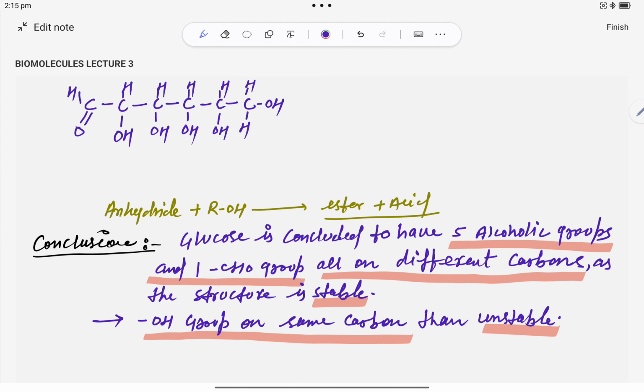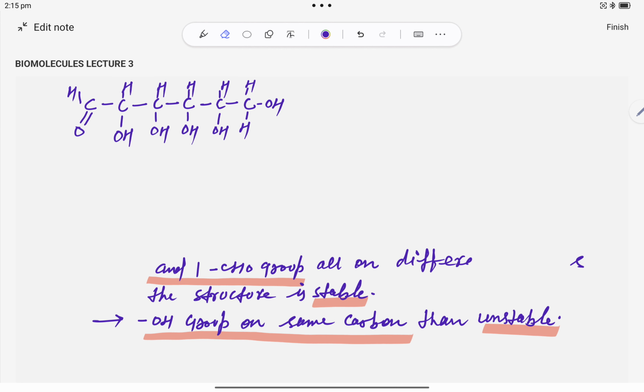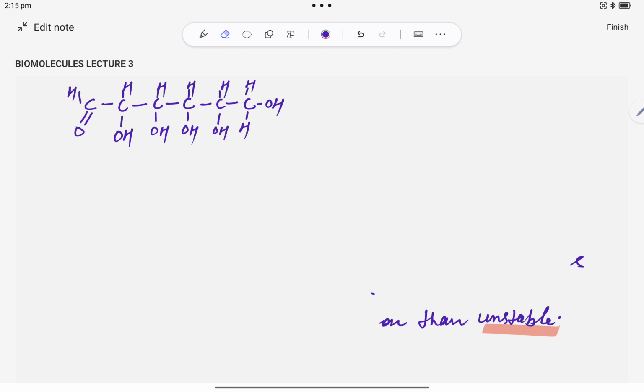So what is it saying? According to stoichiometry, once again I am correcting my word, not stoichiometry, it's stereochemistry, children.